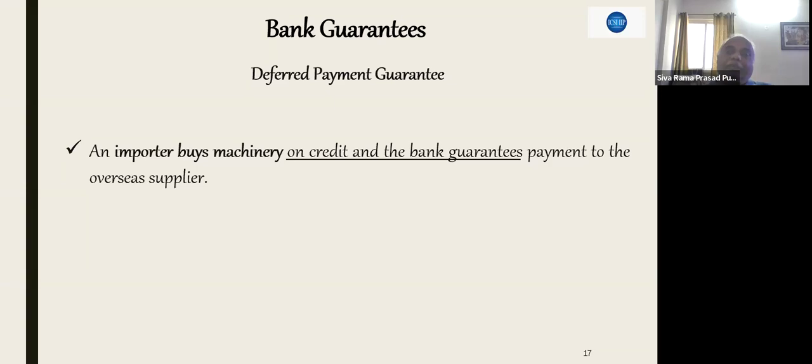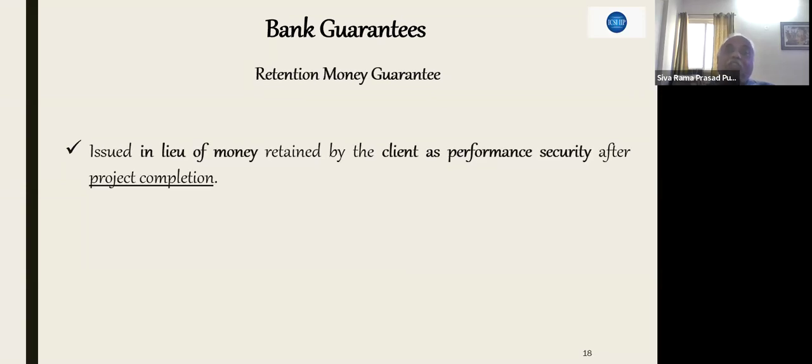So the importer buys the machinery on credit and bank guarantees payment to the overseas supplier. Issued in lieu of money retained by the client as a performance security after the project completion. Particularly highway authorities, national highway authorities, or airport authority, or port authorities.